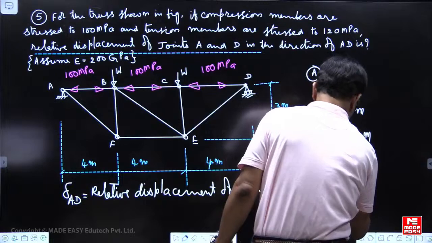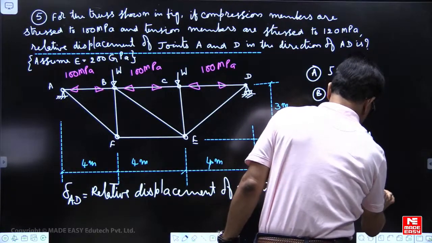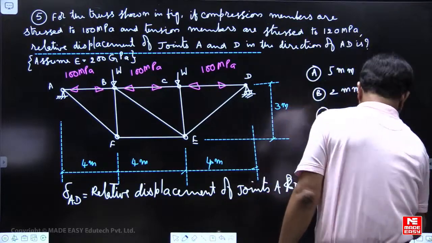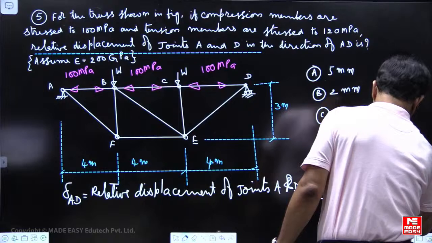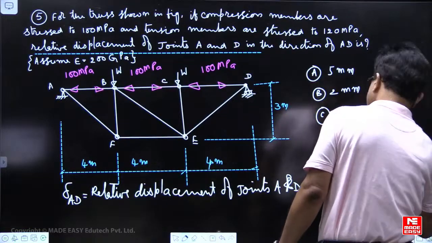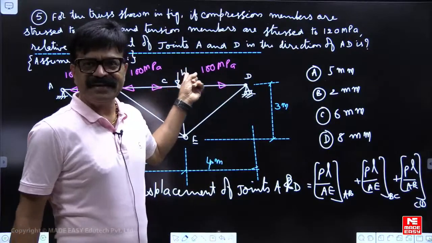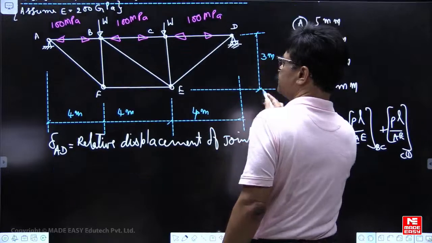PL by AE for AB, PL by AE for BC, PL by AE for member CD. But P by A values he has directly given. So now I am writing here.